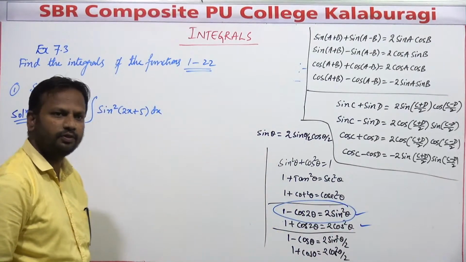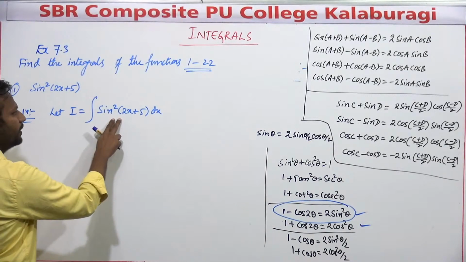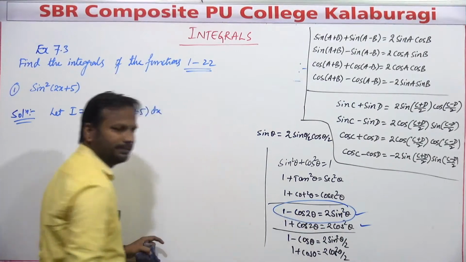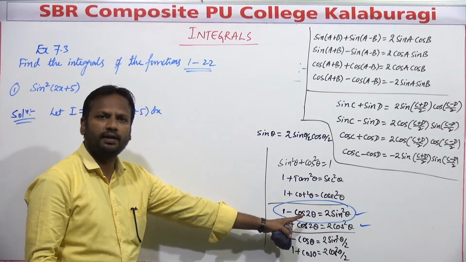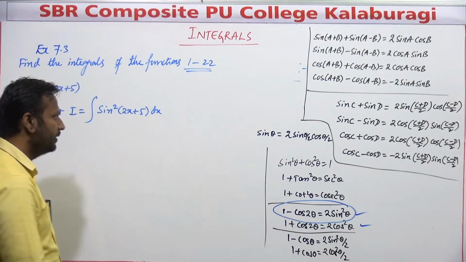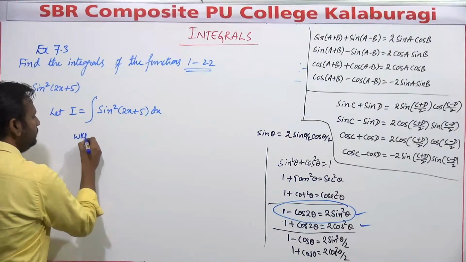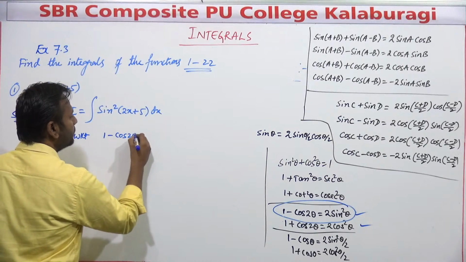So you must know some of the trigonometric formulas, then only you can convert this sin square as a difference of two terms, right? And automatically you'll be getting the simpler integral forms. You can integrate it later, right? Now you see. As we know, what is 1 minus cos 2 theta here?